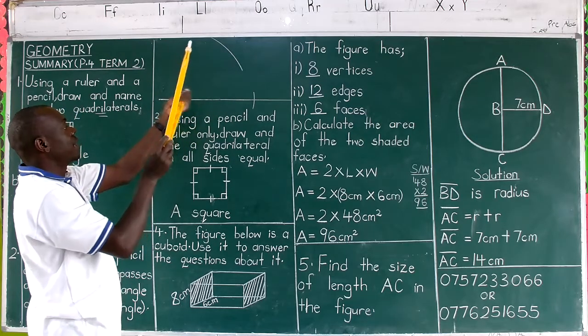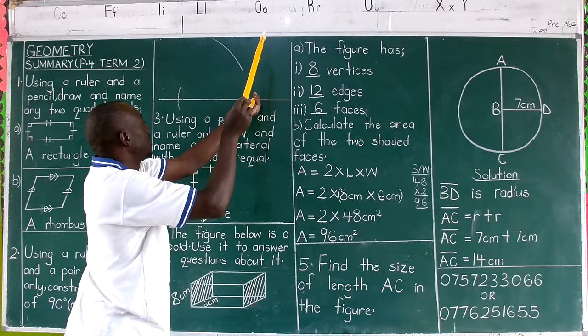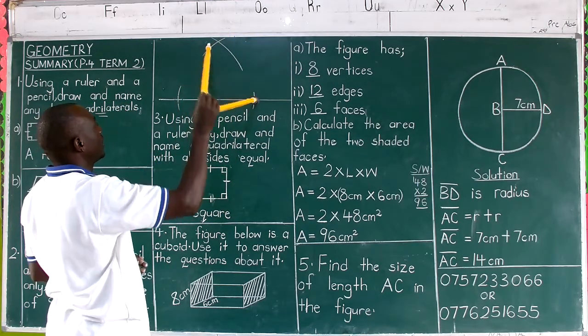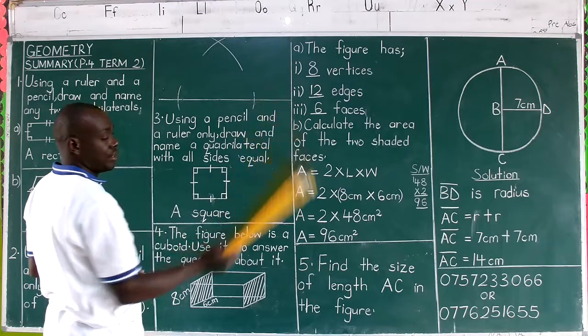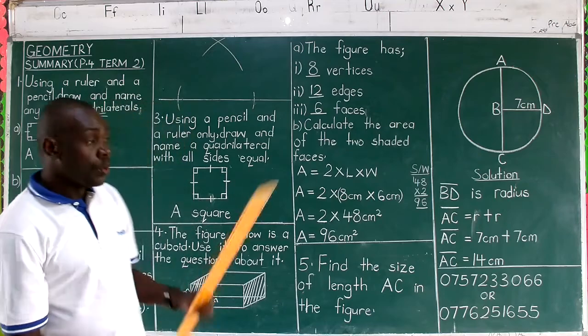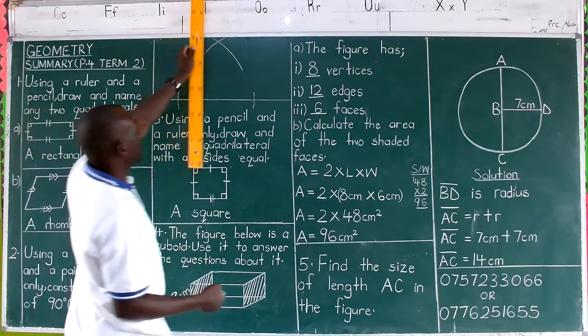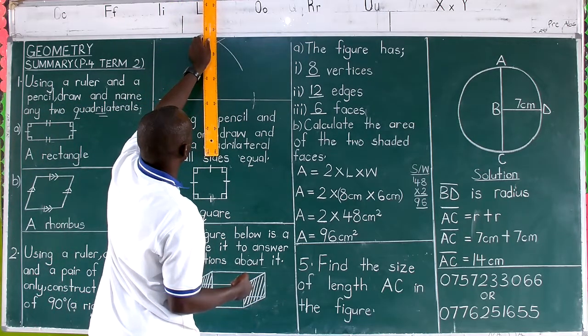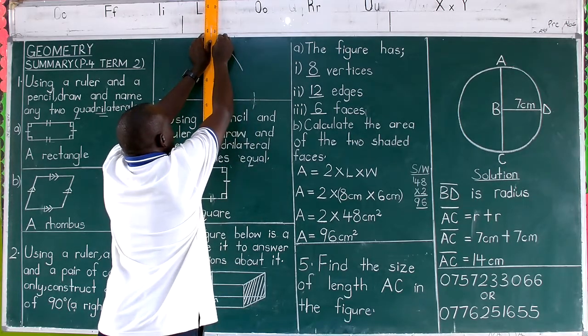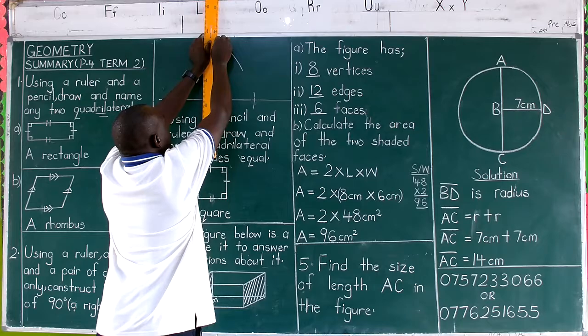Then transfer to the second arc and make that arc too. Then you get a ruler and join to where you pointed first in a straight line, and that will make what we call a right angle.